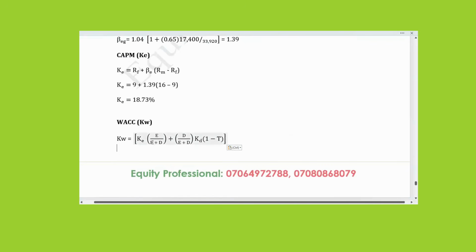So to calculate WACC, you multiply cost of equity. Let me change this one to the other side. To calculate WACC, you already know the formula.